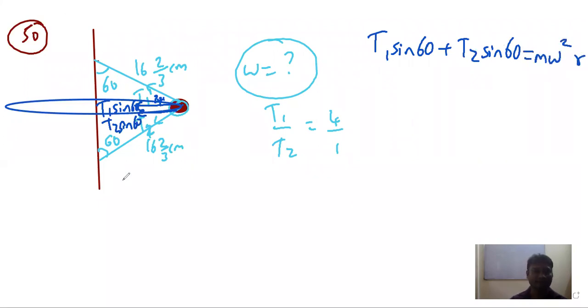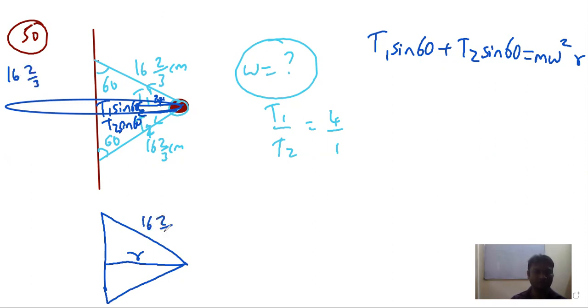Now let us try to find this radius in this triangle. If I make this triangle, we have an equilateral triangle, and this is the radius of the circular path. This is 16√3 by 2. Let us call this length L, and this is also L, and this is 60.